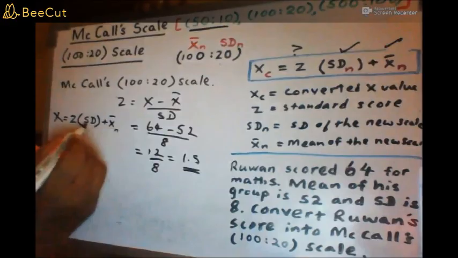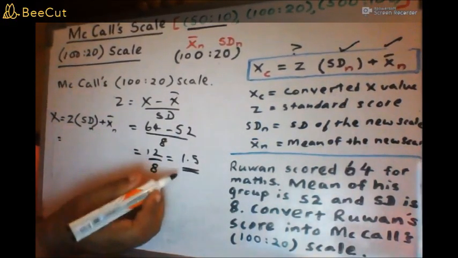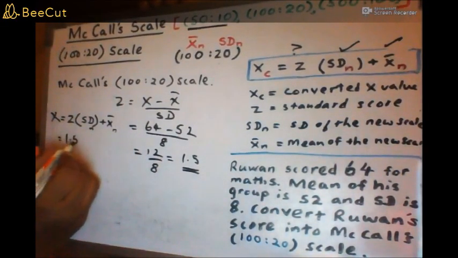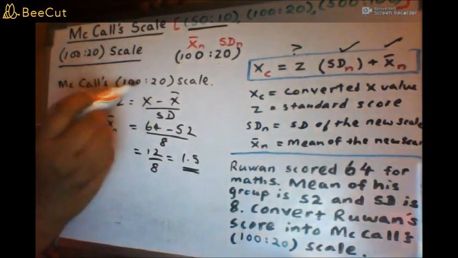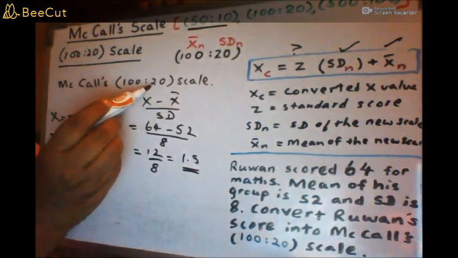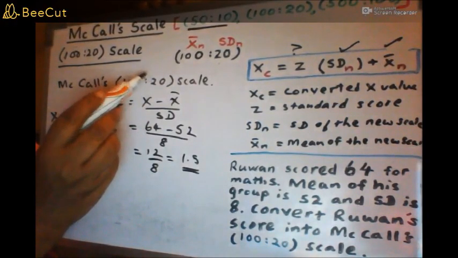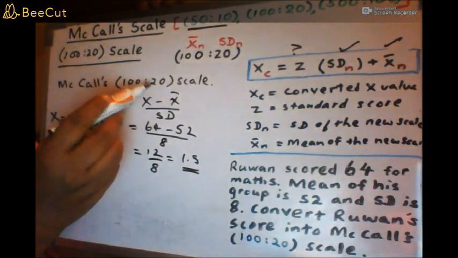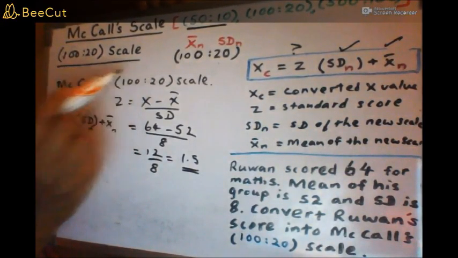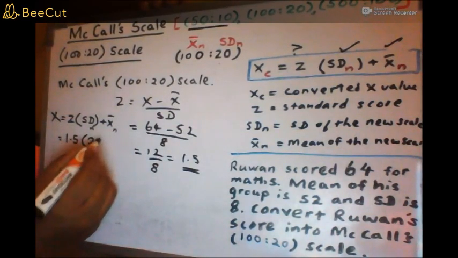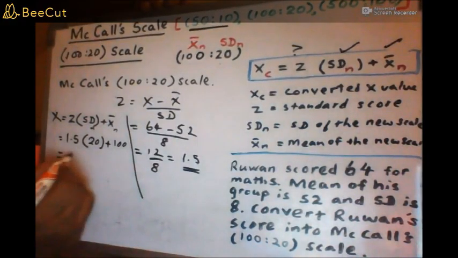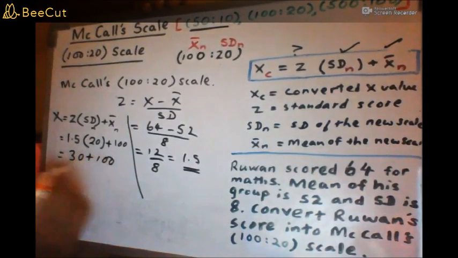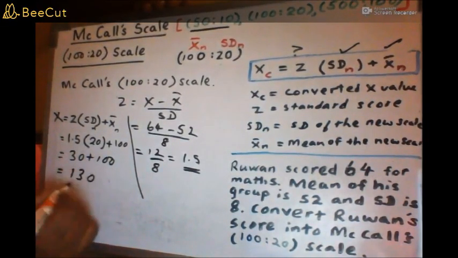These are new ones, right? Z is 1.5. New standard deviation is 20. I told you, you have to take the smaller value as the standard deviation. Small standard deviation, S. Remember, smaller value, standard deviation. So standard deviation is 20. X bar is 100. Here it is 30 plus 100, so it is 130.